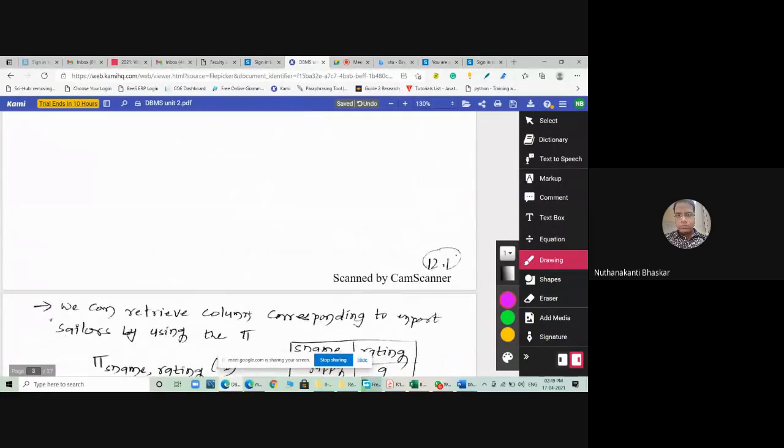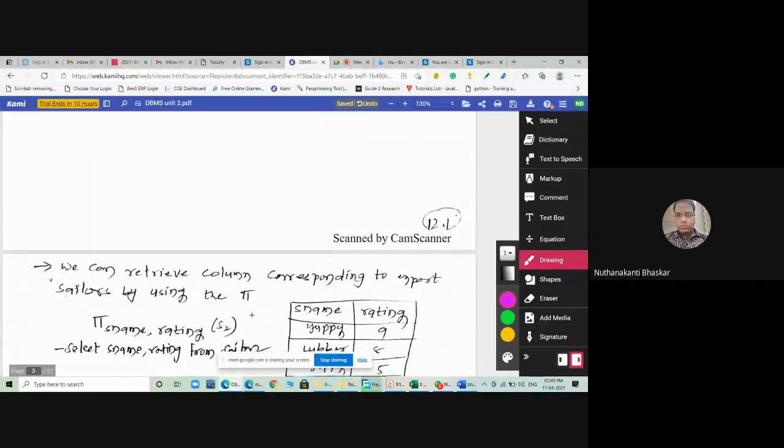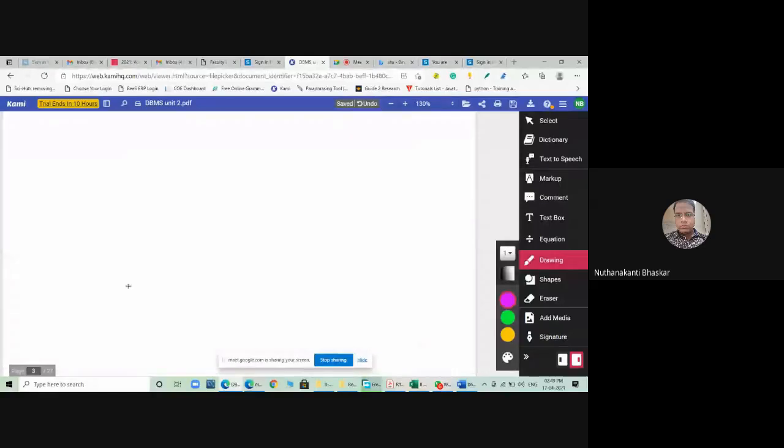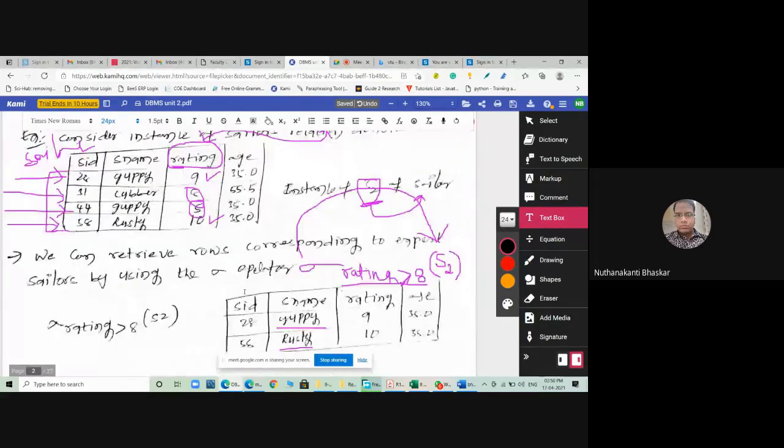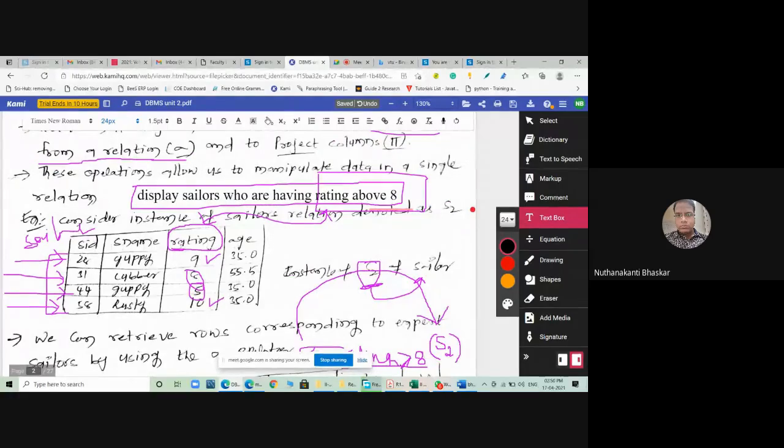Now, all of you write one more question. Display sailor name and rating from the sailors table. Sailors has four columns: SID, S name, rating, and age.